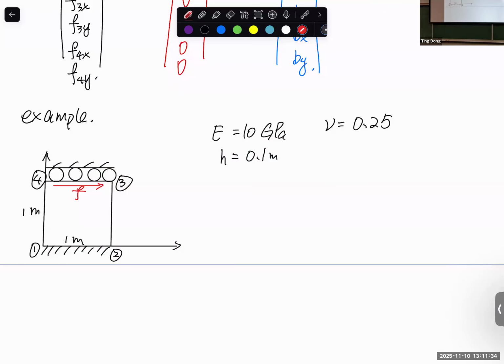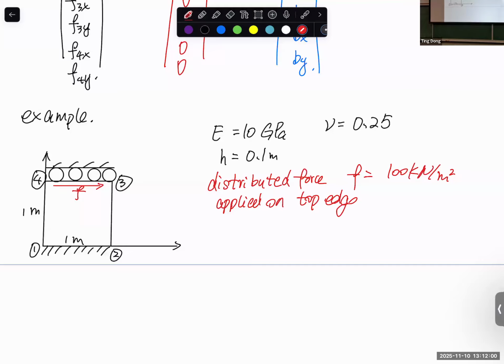So this is a distributed force, F equal to kilonewton per meter square, applied on the top edge. The question asks what is the strain, but of course I can also ask what is stress. Just go one more step, exact same as CST.